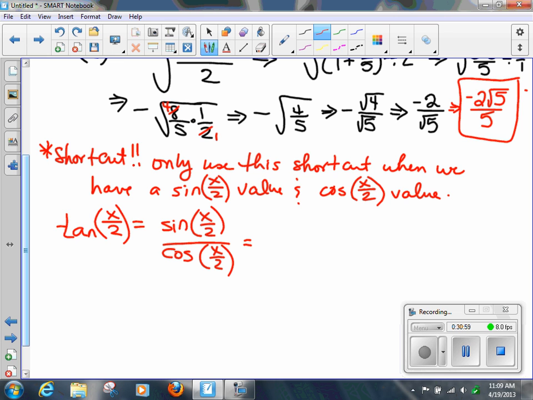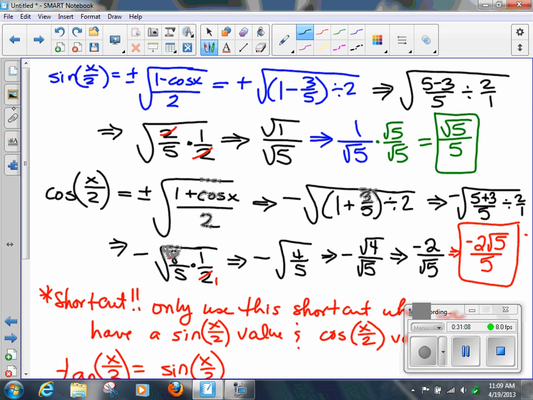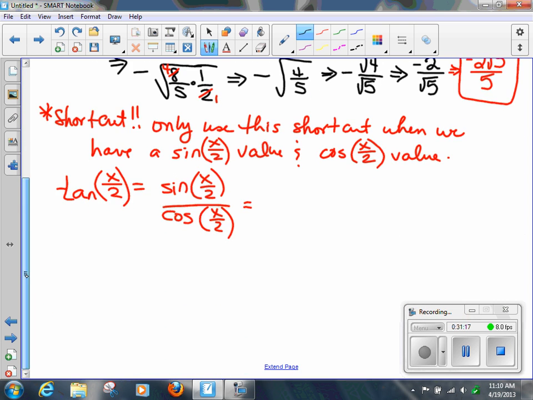Folks, what did we just find sine of the half angle to be? You do not have to, but you can use your formula. Root 5 over 5.